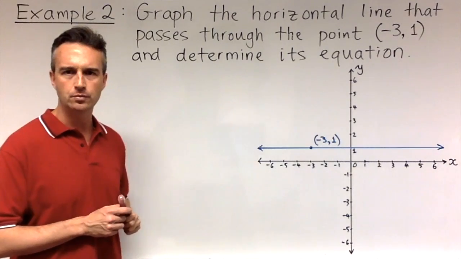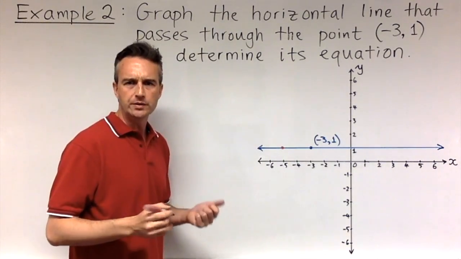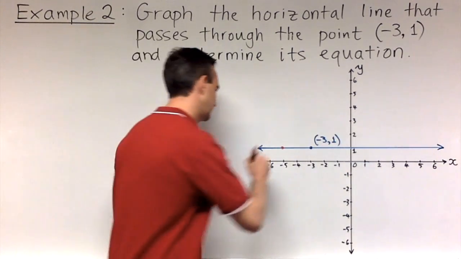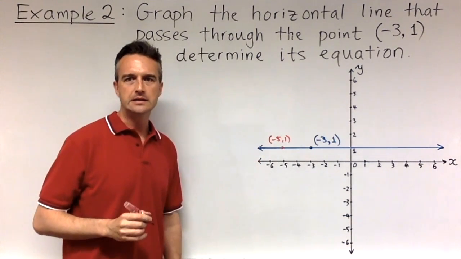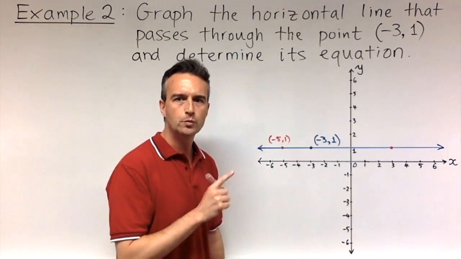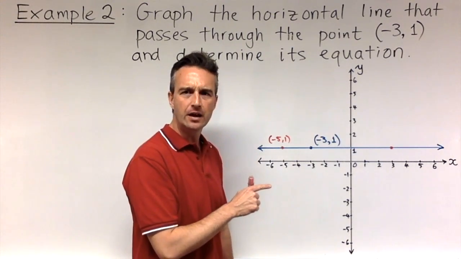Let's look at one over here. What would be the coordinates of that point right there? -5, 1. Let's look at another point over there somewhere. What would be the coordinates of that point over there? That would be 3, 1.